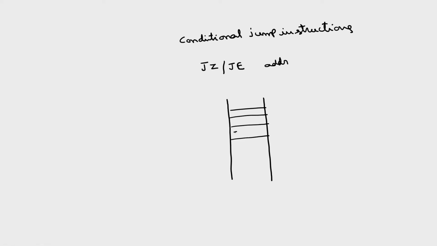If I write here jump zero, and give say 5000 H, and the next instruction is at say 2000 H, and the code segment starts from say 1000 H.